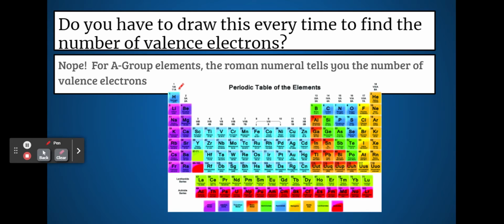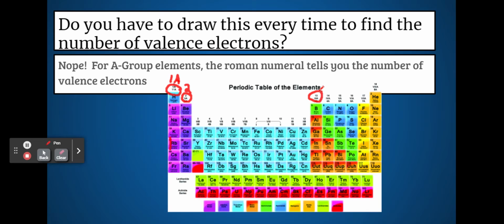So you'll notice here that column 1 or group 1 is group 1A. That means everything in this column here is going to have 1 valence electron. This is group 2A, so they're going to have 2 valence electrons. We're going to skip this whole entire transition metal section, because they get a little complex and we're not going to get into it this year.